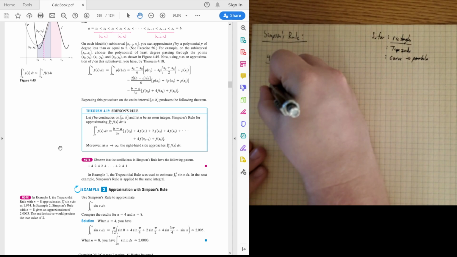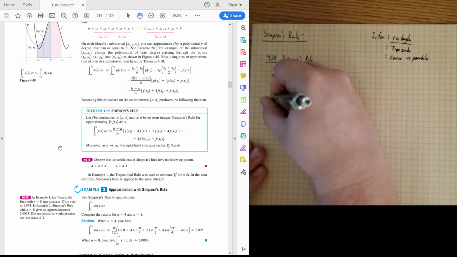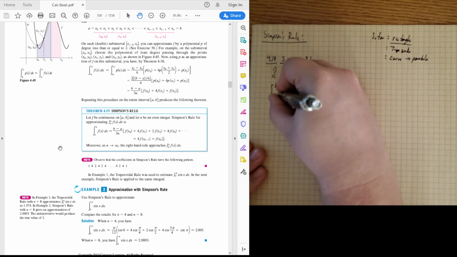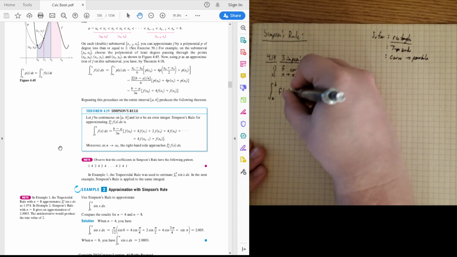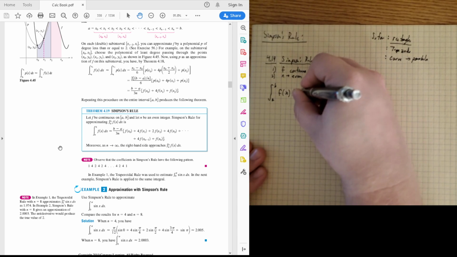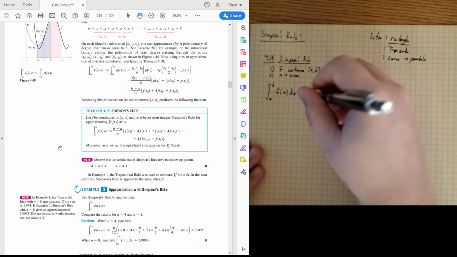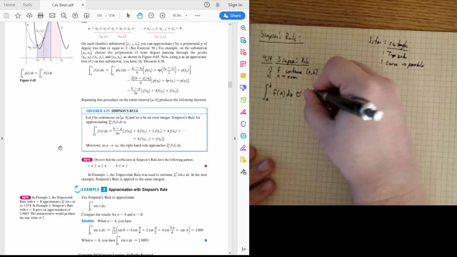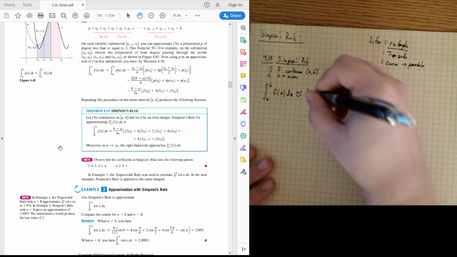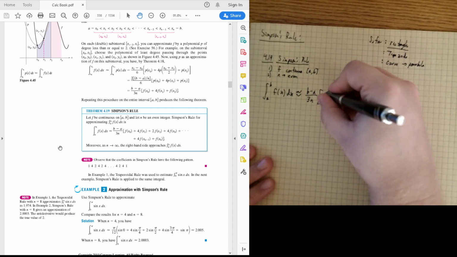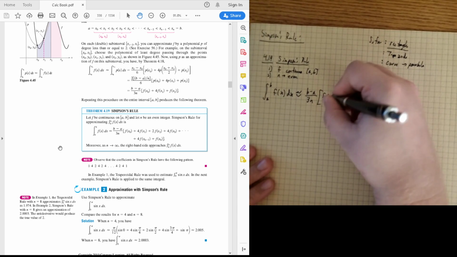The integral from a to b of f of x dx is roughly equivalent to b minus a over 3n times f of x sub 0.